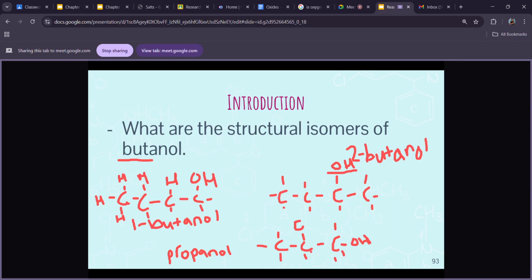This is carbon number 1. We number them carbon number 1, number 2, number 3. So it's 1-propanol, right? And in front of this, we need to identify our branch. The type of branch that we have is methyl, and the position of the branch is on carbon number 2. So the name of this isomer here is 2-methyl-1-propanol, right?